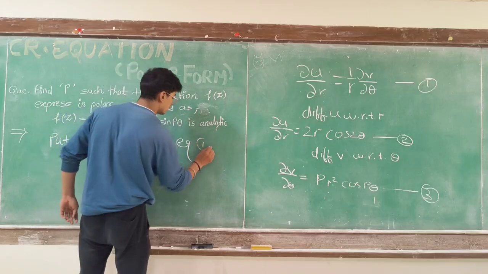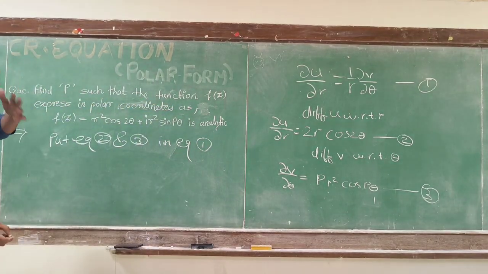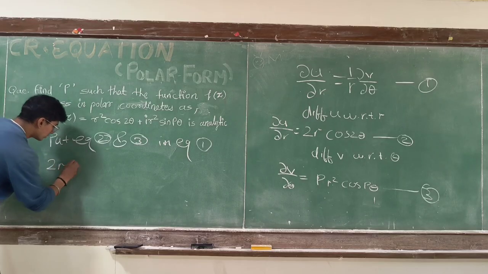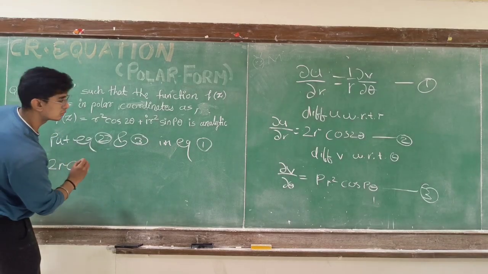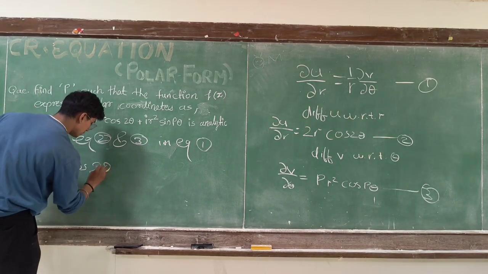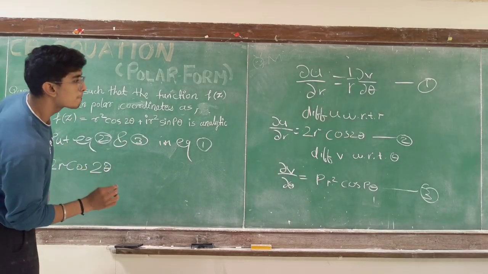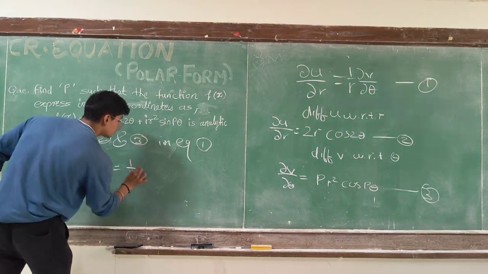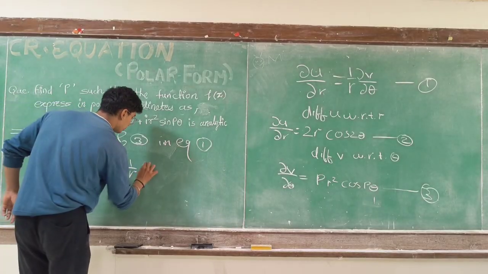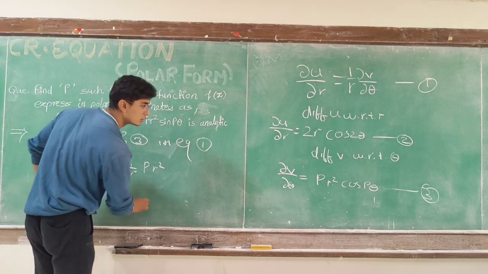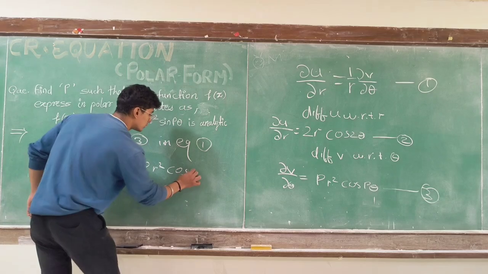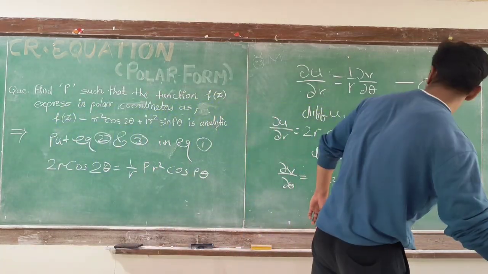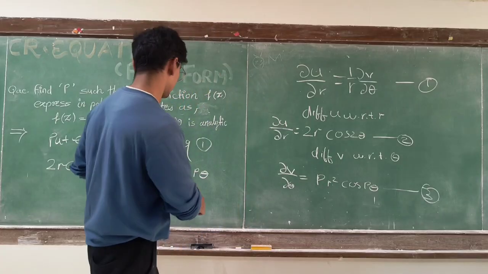Equation 1 will become 2r cos 2 theta equals 1 by r times p r square cos p theta.